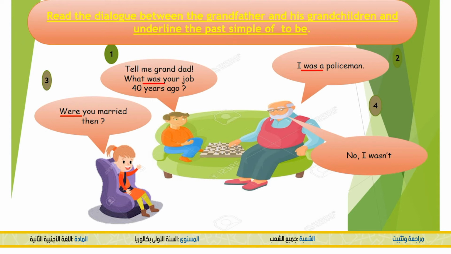Were you married then? Answer. No, I wasn't. That's right. So the past forms in this conversation are was, again, was in the second sentence, and then were, because we are asking a question, and then wasn't, the negative form.